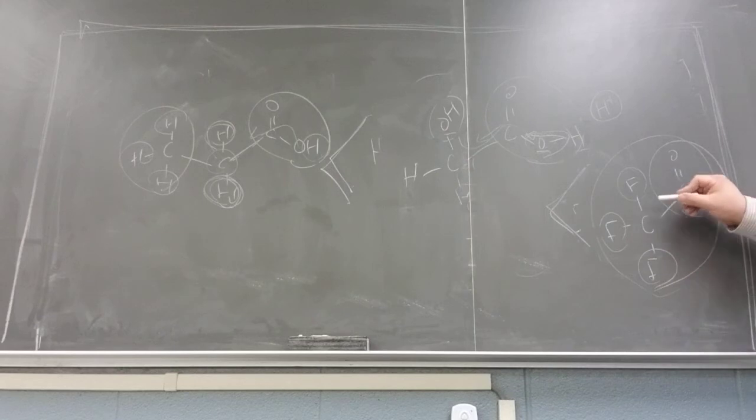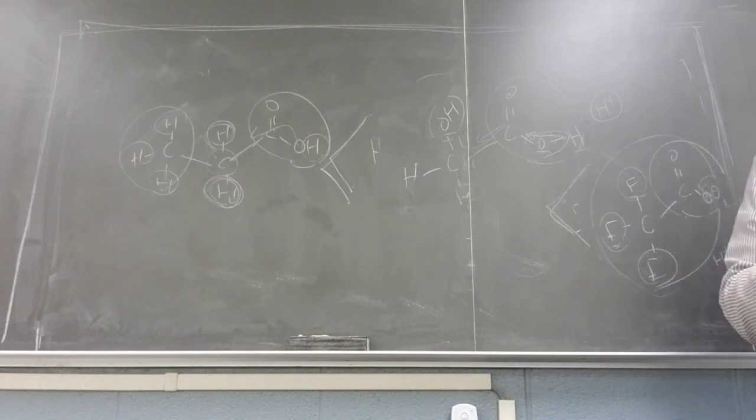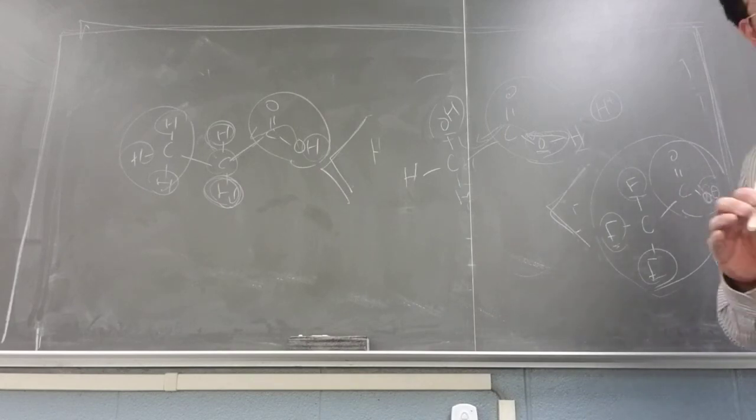But this one is even more dramatic. You have a very highly electronegative element on this carbon that helps this oxygen bring those two electrons between oxygen and hydrogen in the hydroxy group to here, so it can donate the proton there. Does it make sense? Okay.